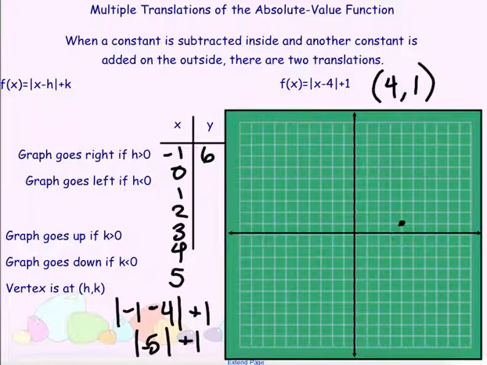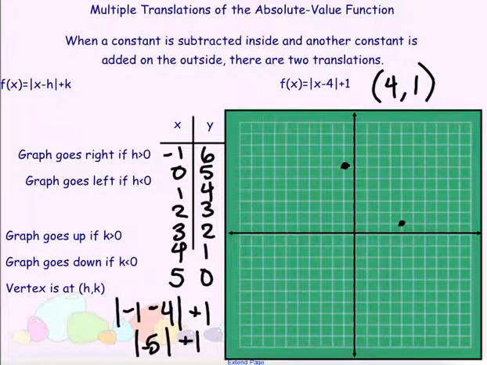So I should be at -1 and up 6 right here. Plug in 0: 0 minus 4, absolute value of that is 4, plus 1 is 5. Plug in 1. 1 minus 4 is -3. Take the absolute value, it is 3, plus 1 is 4. We can start seeing the pattern here.